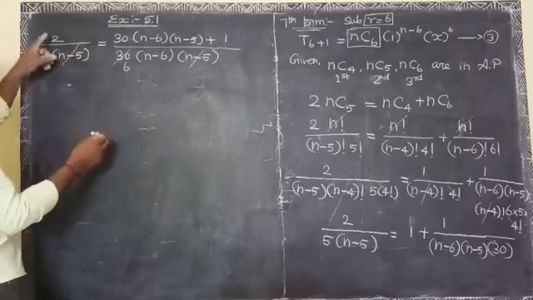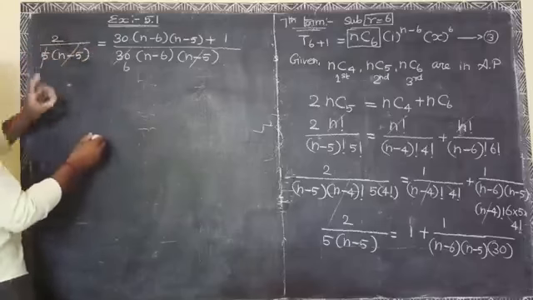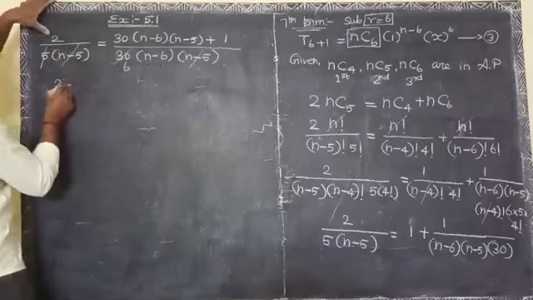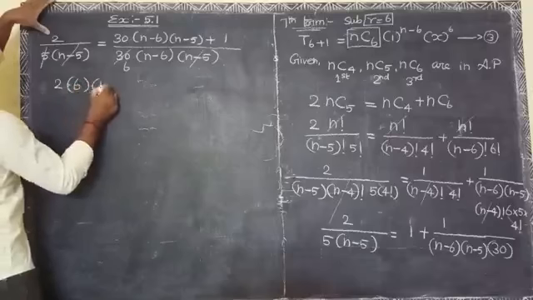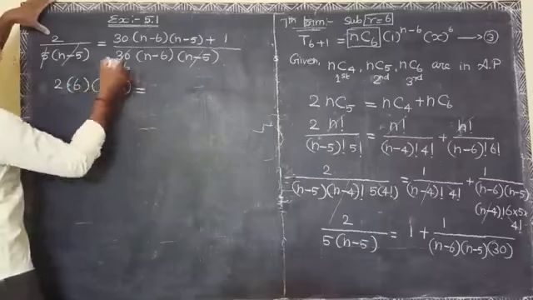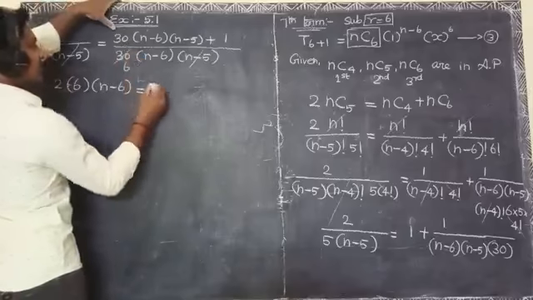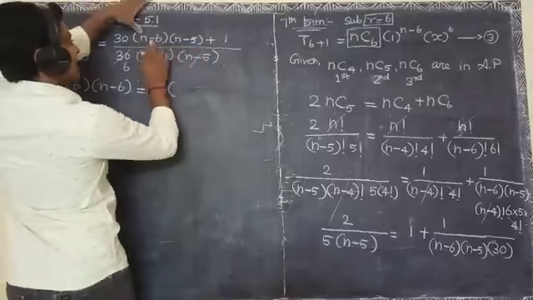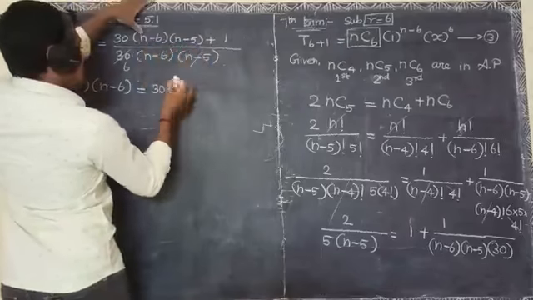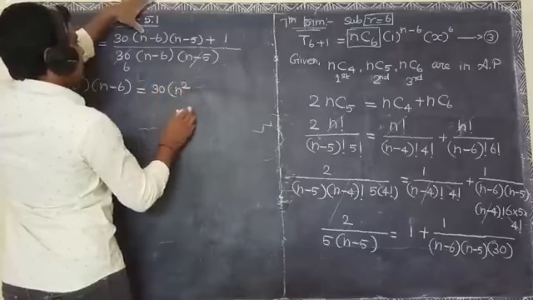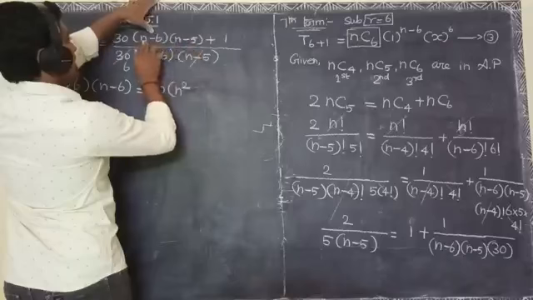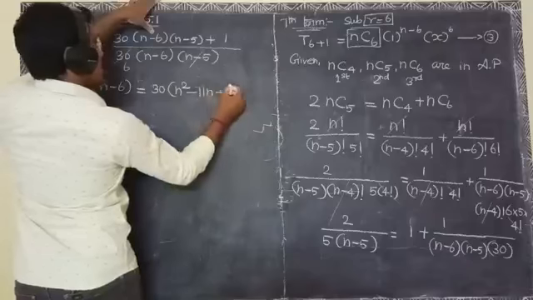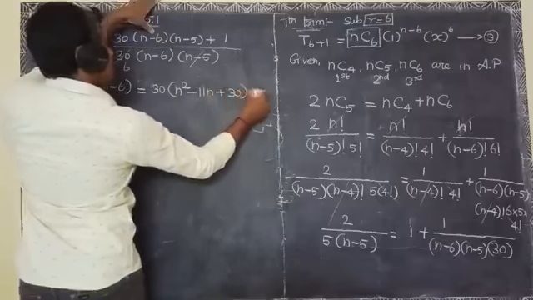Using cross multiplication, that is 2 into 6 into (n minus 6), which is equal to 30 into (n minus 6) into (n minus 5), that is n square minus 6n minus 5n, that is minus 11n, plus 6 into 5, 30, plus 1.